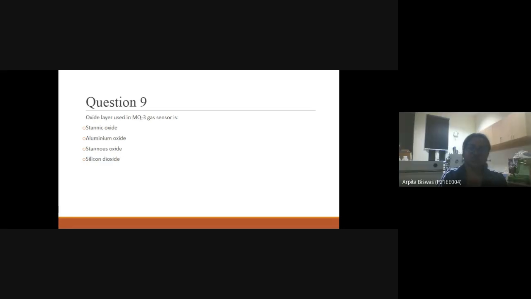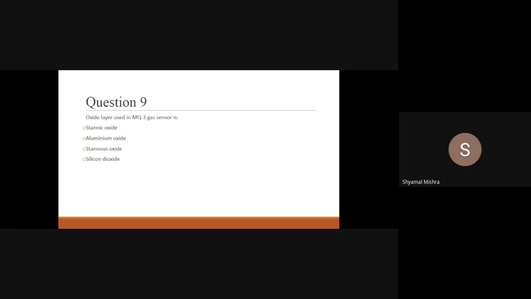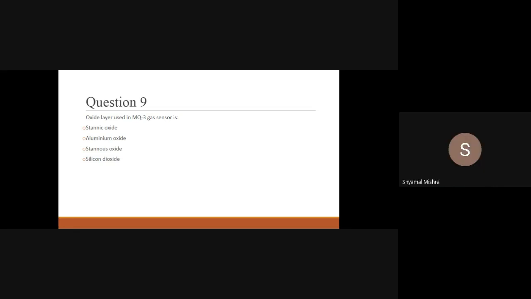Next, question number 9. The oxide layer used in the MQ3 gas sensor is stannic oxide, aluminum oxide, stannous oxide, or silicon dioxide. Not silicon dioxide. Can you explain how silicon dioxide is deposited or how the growth is happening? Basically, in general, we use silicon dioxide when we take a Si wafer.